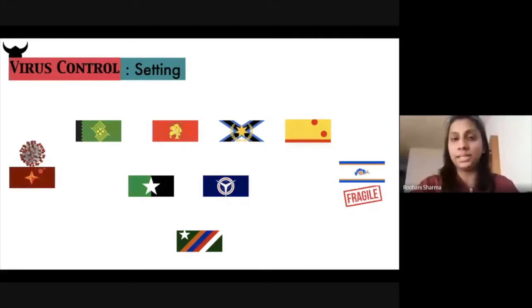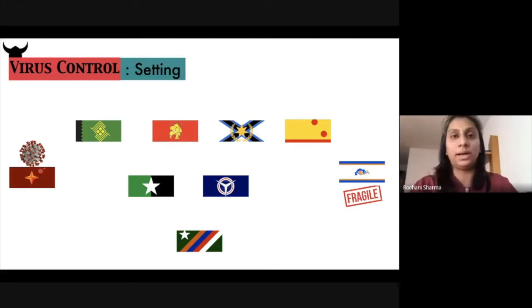This is the country that is very fragile and cannot risk getting the virus. And other countries are more or less immune to the virus at hand. So this is the model that we have, and our goal is to prevent the fragile country from being infected by the virus.